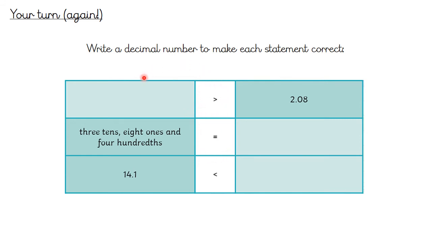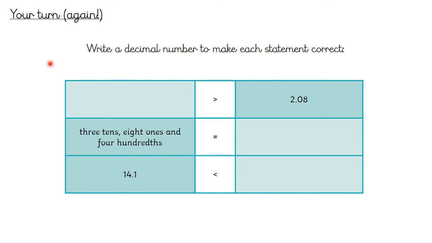So something is greater than 2.08. 3 tens, 8 ones, and 4 hundredths is equal to what number? 14.1 is less than what number? Right, pause the video here and you can simply just say any numbers that would fit here, here, and here. And then we'll come back.